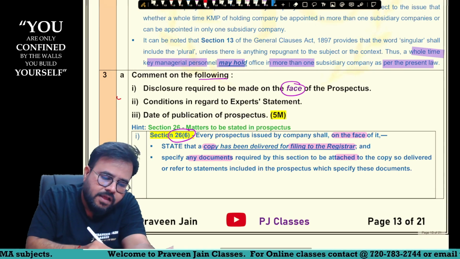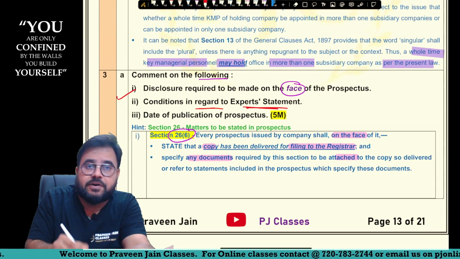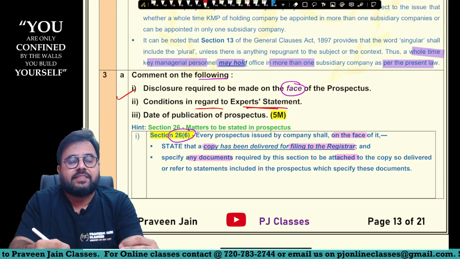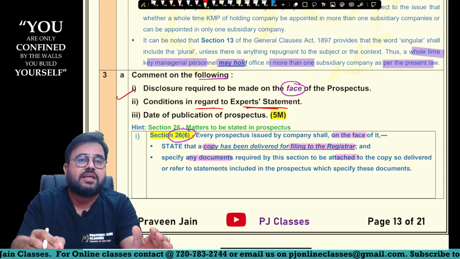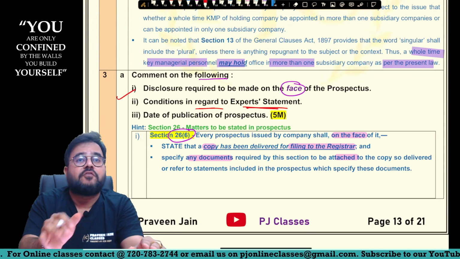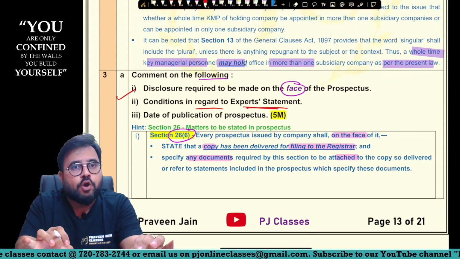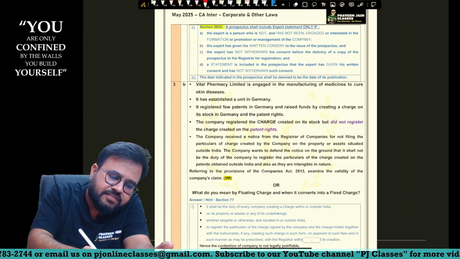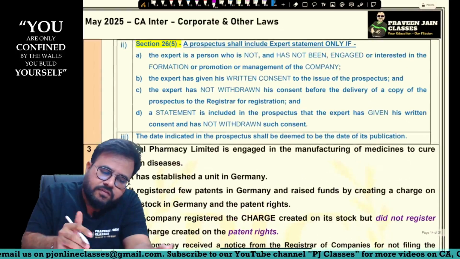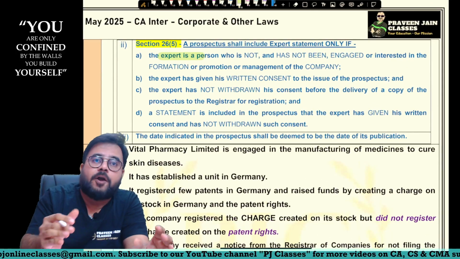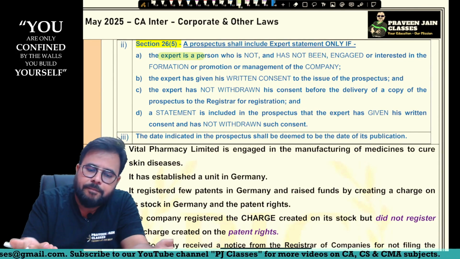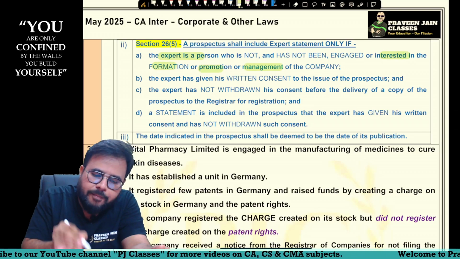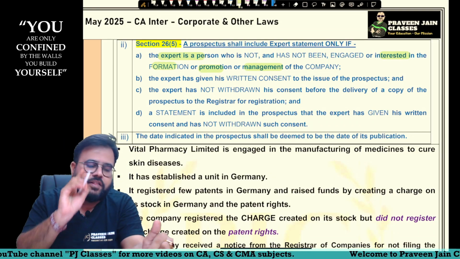Very good, sir. Now conditions with regard to expert statements. So if at all the company is making any declaration, and the declaration where they are mentioning the name, this type of points were given by any expert, sir, you can include that expert's statement in the prospectus provided. What are the conditions, sir? It is given in subsection 5. Sir, that expert should not be a person who is connected with the company, meaning he should not be interested in the formation, promotion or management of the company, either presently or in the past, sir.